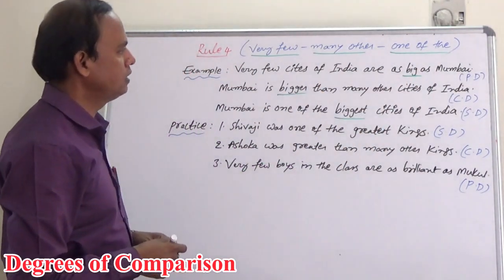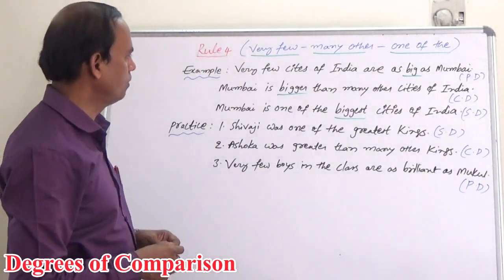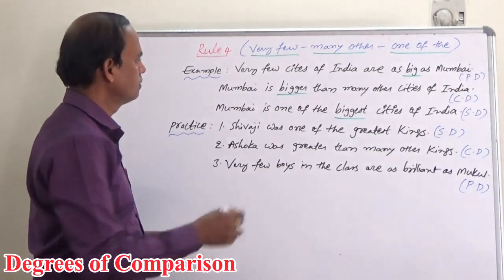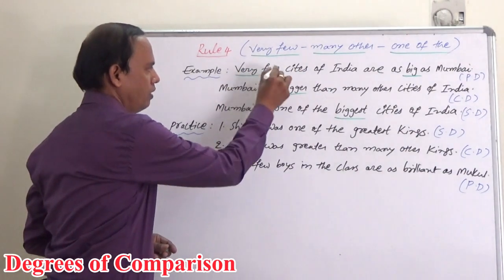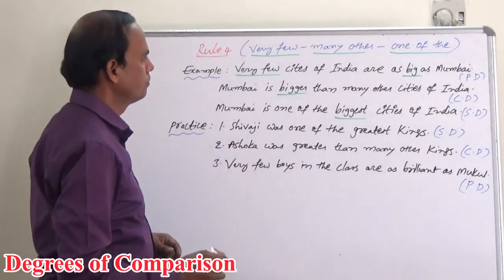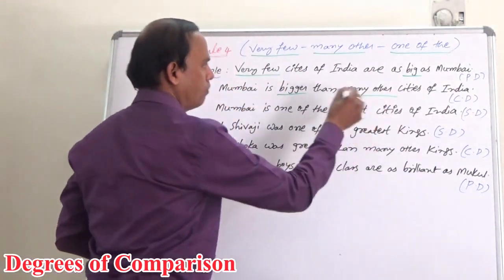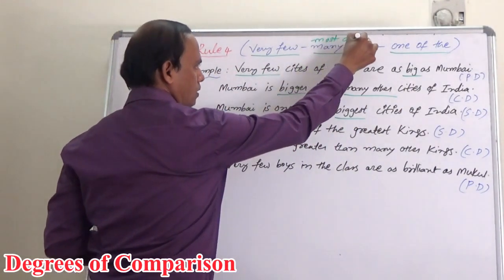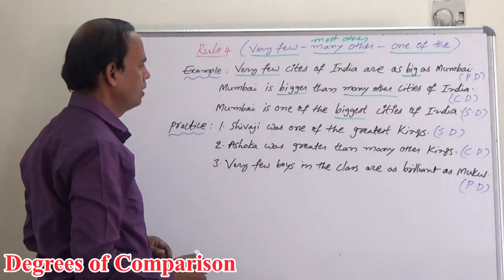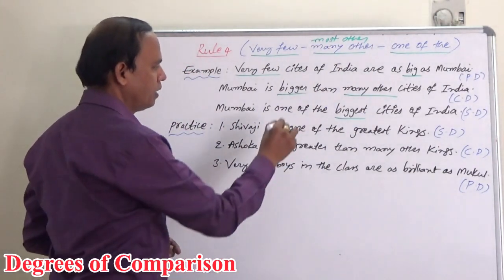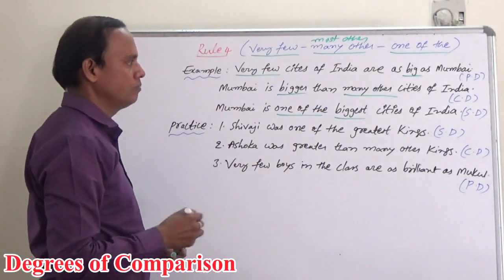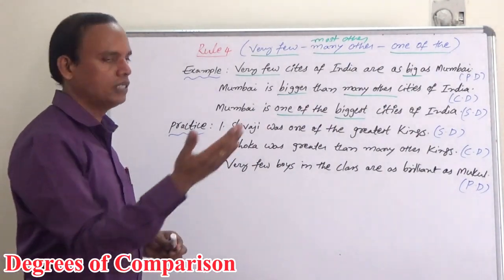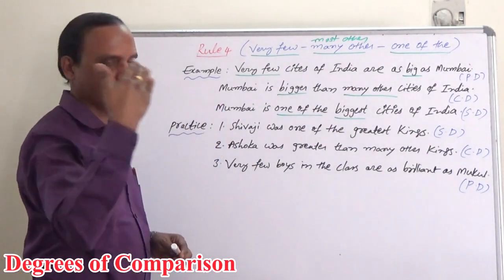Okay, changing from positive degree to comparative degree. In positive degree, you can see here very few; many other, sometimes most other also, it is also correct. And in superlative degree, one of the comes. Object, subject, subject, object.